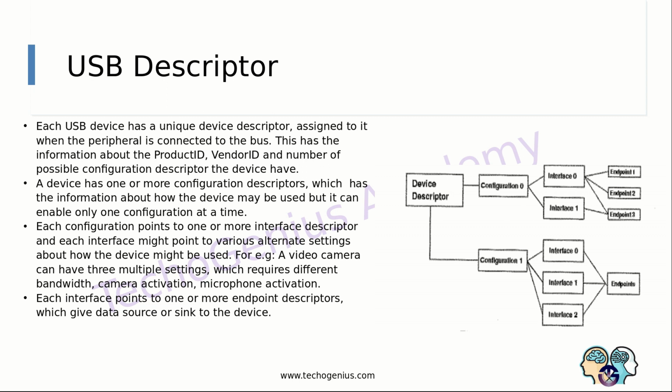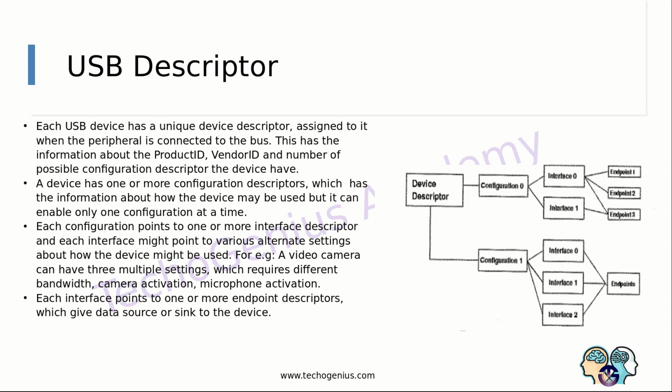The configuration descriptor has the information about how that device will be used, but we can enable only one configuration. Whatever we need to use, either the first configuration or the second, if there are multiple configurations, only one configuration at a time can be enabled. Each configuration points to one or more interface descriptors.